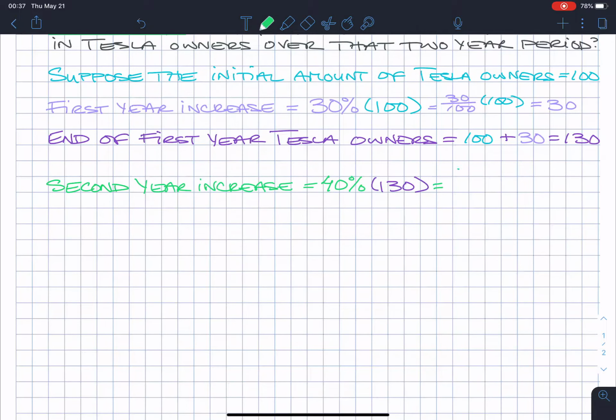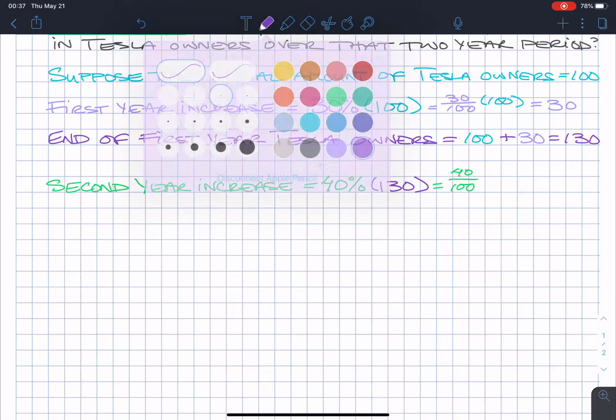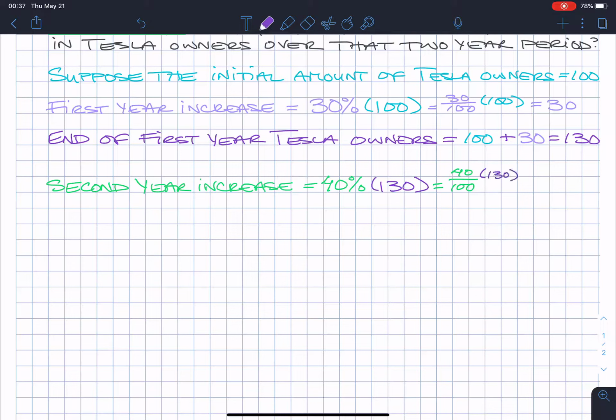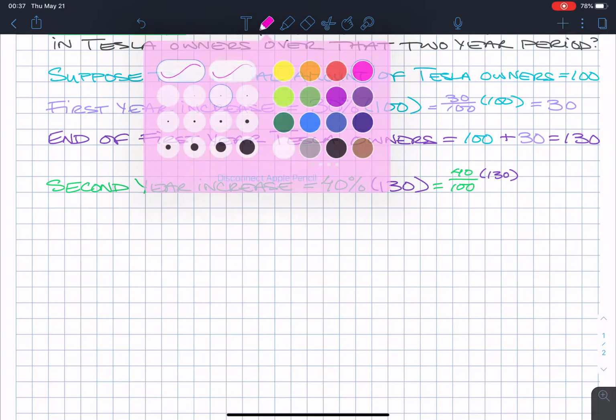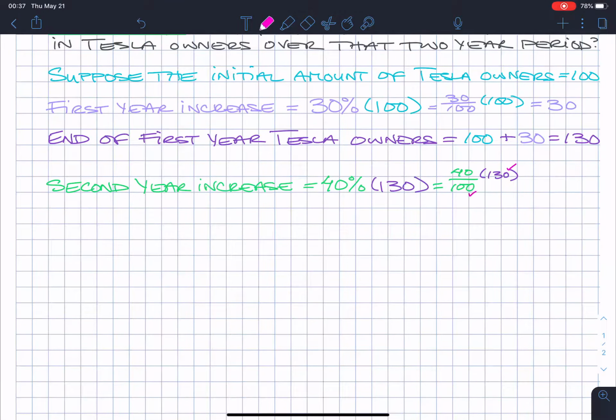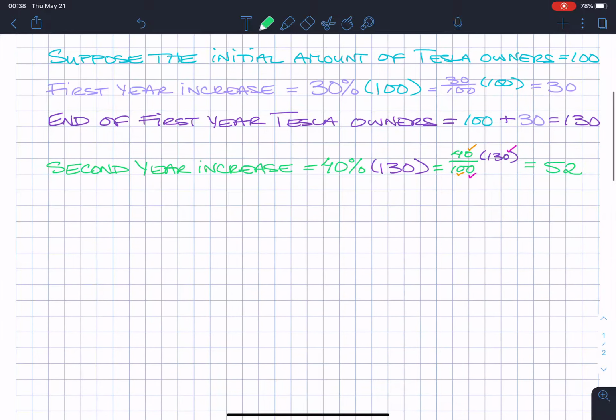So this is now 40 over 100 times 130. I can cross cancel one of the zeros from the 130 and one of the zeros from the 40, and I'm left with 4 times 13. Remember, 4 times 10 is 40, and 4 times 3 is 12, so I'm left with 52. So my second year increase is 52.